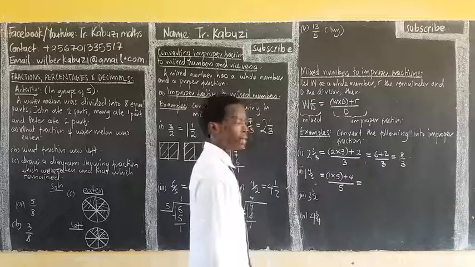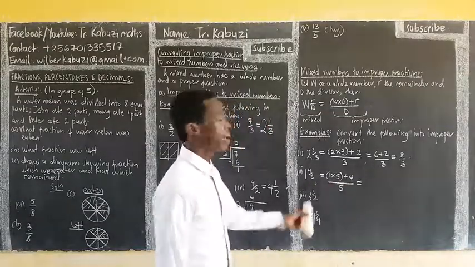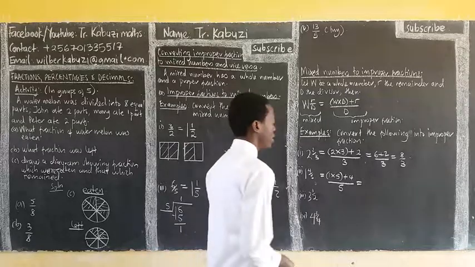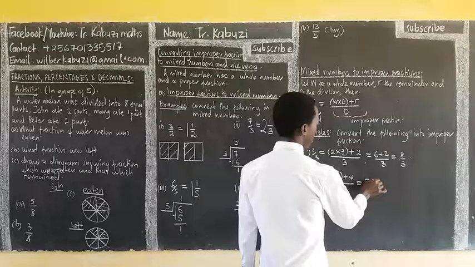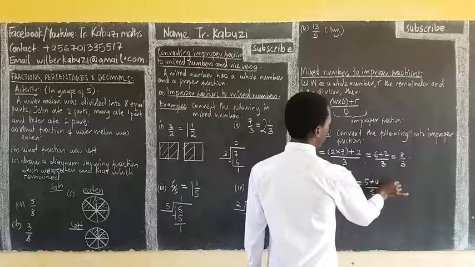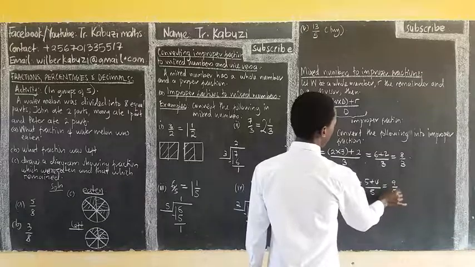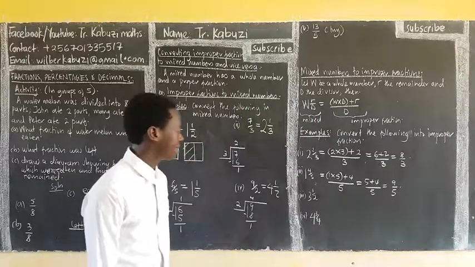We handle multiplication first before we add. So 5 plus 4, the whole over 5, which is going to be 9/5.